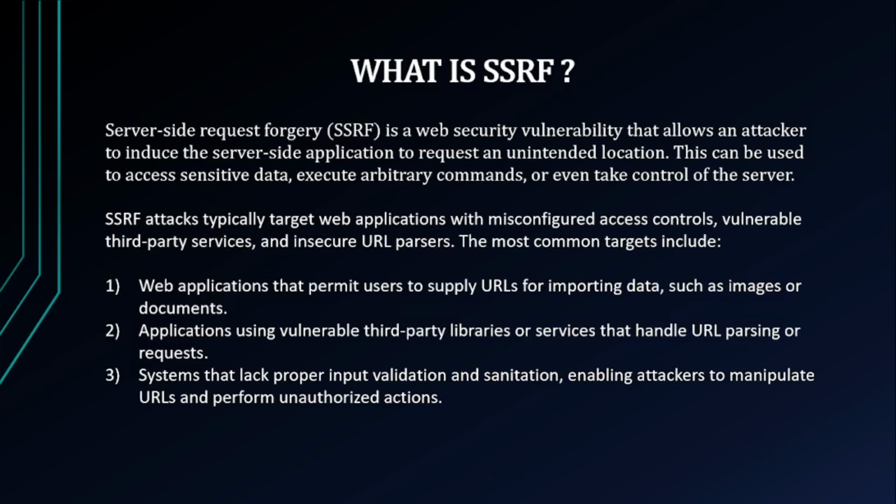The most common targets include web applications that permit users to supply a URL for importing data such as images or documents, applications using vulnerable third-party libraries or services that handle URL parsing or requests, and systems that lack proper input validation and sanitization, enabling attackers to manipulate URLs and perform unauthorized actions. By understanding the common targets of SSRF attacks, you can better identify potential vulnerabilities within your web applications and take necessary steps to protect your systems.